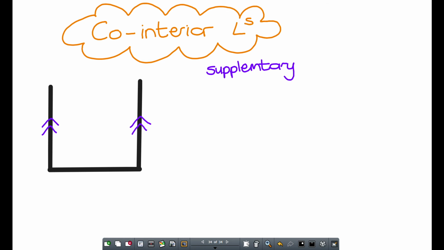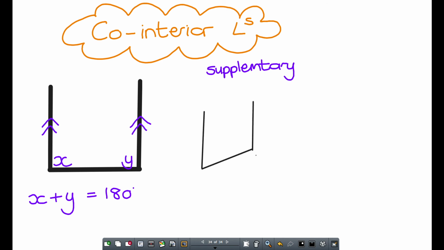So meaning, let's make this angle X and that one Y. That means that I have got to add X and Y, and that is going to give me 180 degrees. That's what I mean when I say that they are supplementary. Okay, so let's just quickly do an example. If I were to give you this.